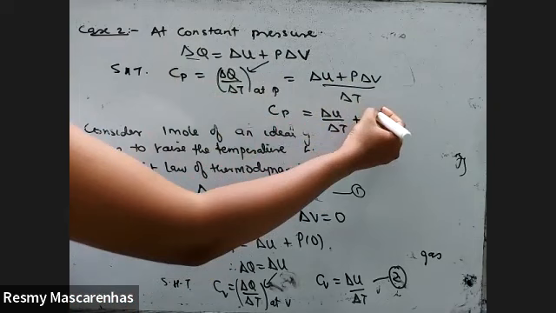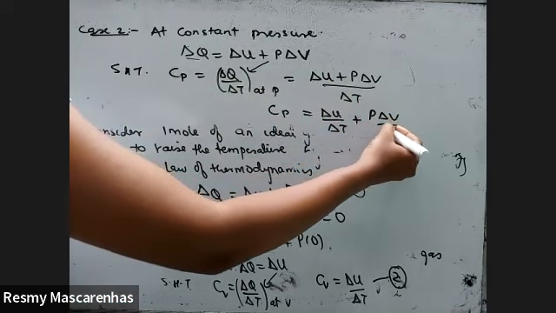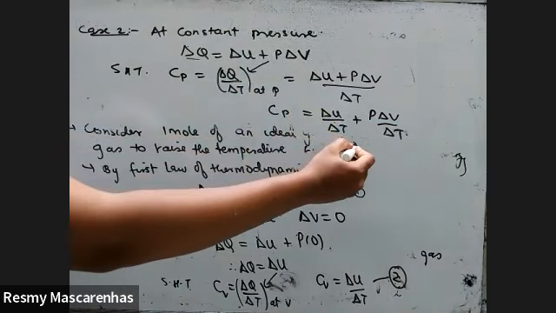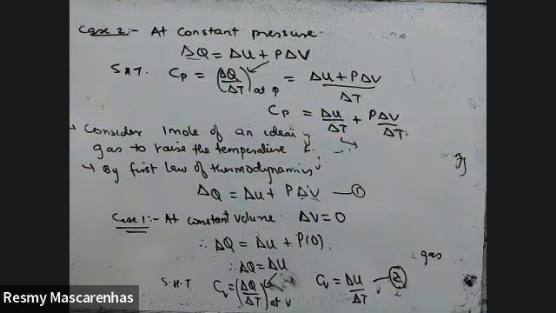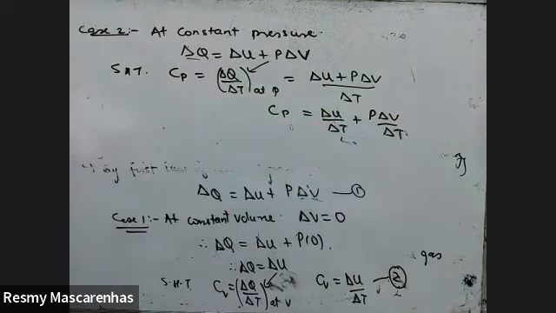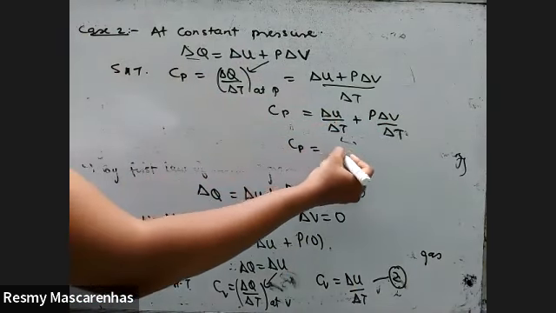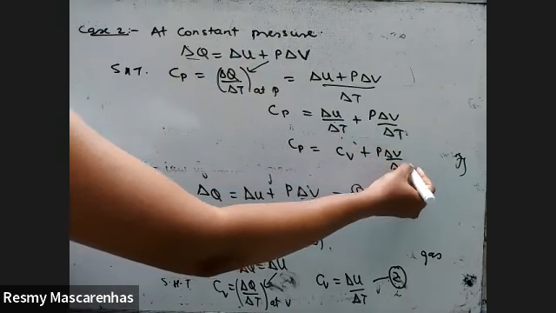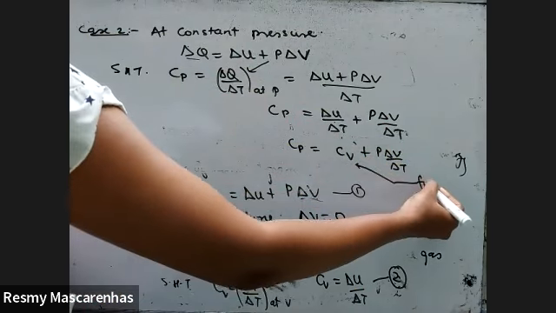Cp equals to, I just distributed delta T to both the places. Now look at equation 2. What is delta U upon delta T? Delta U upon delta T is nothing but Cv. From where did I get it? From equation 2.